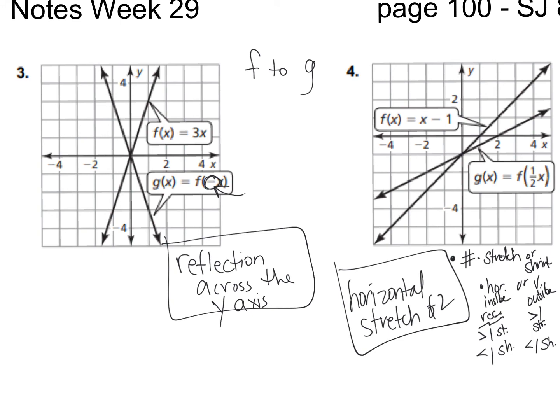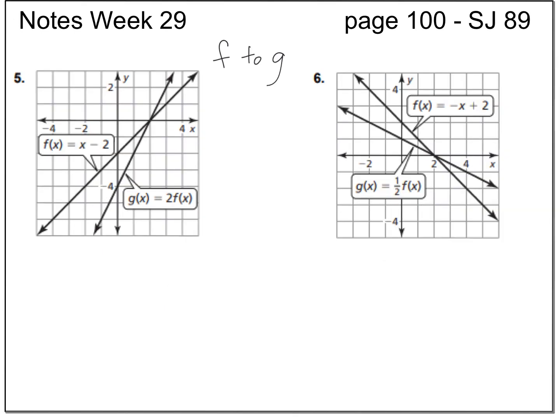Okay. Number 5. Let's look at this. Maybe we'll go back and look at our notes. I'm not going to write those again. Here is the f of x function, and here is the g of x. It has a 2 being multiplied. Multiplying by 2.